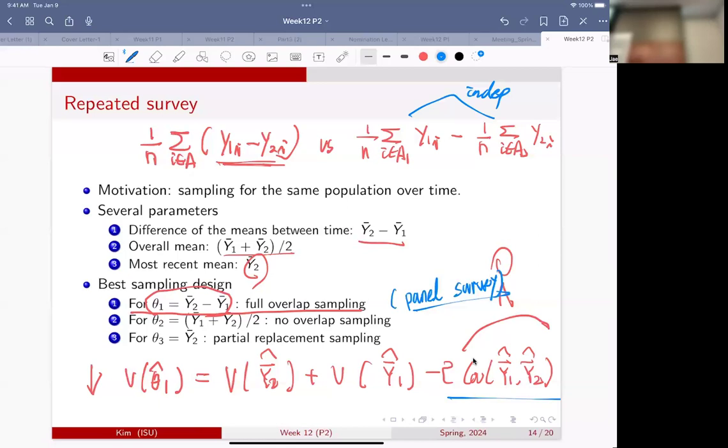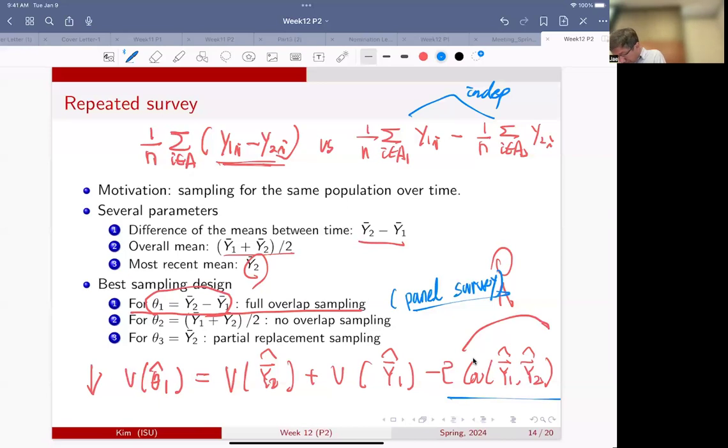Then the difference is only due to the change in their measurement. If you use a different sample, then you have confounding with the structural change and the sampling error. Anyway, that is the point.